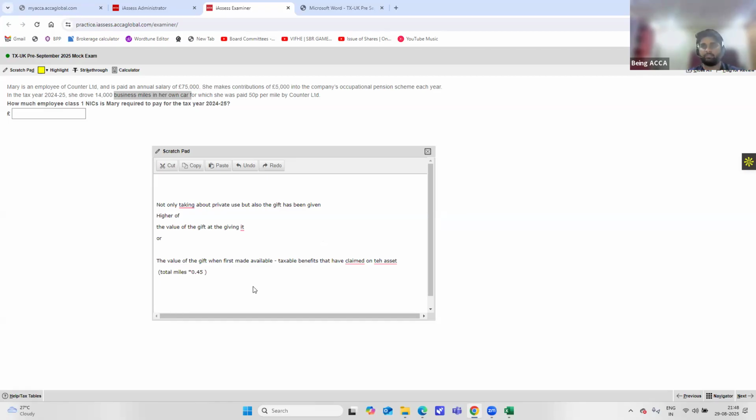Is this point clear to you guys? This is a thing that most of the students made a mistake in while I was evaluating their papers. So it is important that you remember this. For class 1 NIC, you do not have the classification of 0.45 and 0.25. It will always be straightforward 0.45 on all the business miles. Is this point clear?